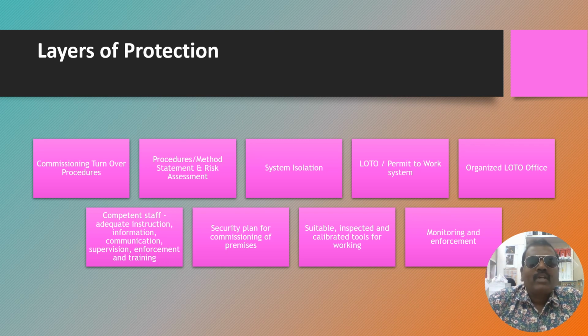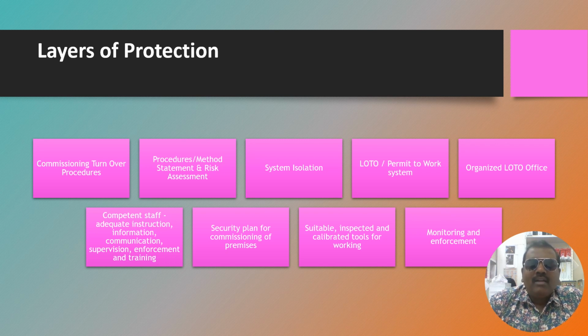In this condition, for the first panel to be energized, what is the requirement? First we should come to know that, because we don't know whether anybody is performing a job in the downstream location or not.